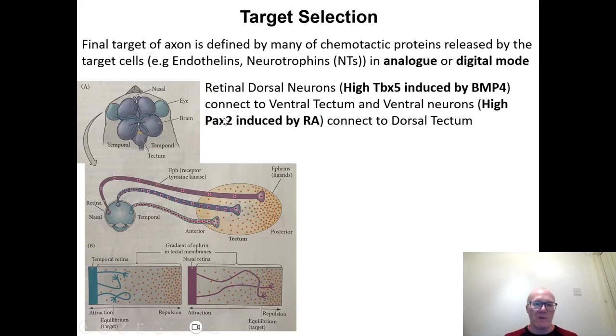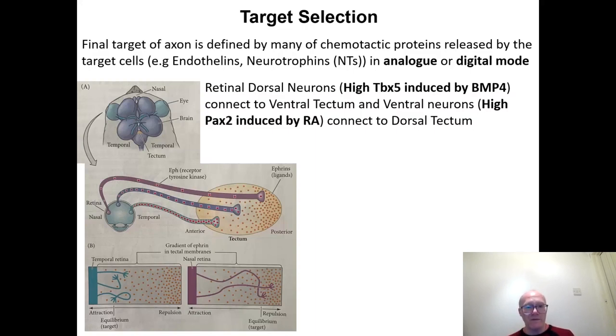Well, for example, the retinal dorsal neurons express a high level of TBX5, which is induced by nearby BMP4 signaling. And this very high level of TBX5 induces the axon to actually bind the tectum in a ventral region. On the other hand, the ventral neurons have high expression of PAX2.